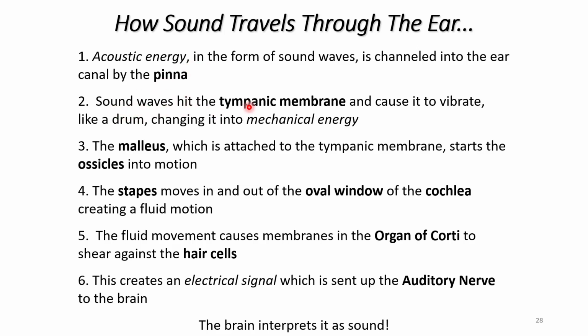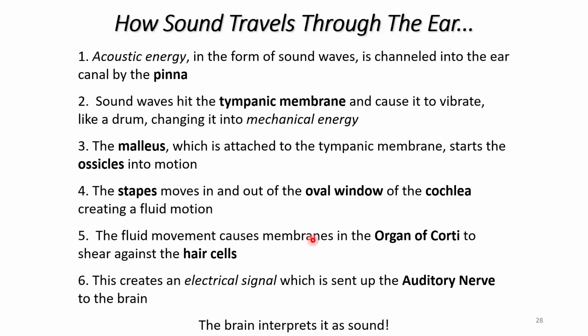Then sound waves hit the tympanic membrane after passing through the external auditory canal and cause it to vibrate like a drum, changing it into mechanical energy. Then the malleus, which is attached to the tympanic membrane, sets the ossicles into motion. Every ossicle gets into motion, and then the stapes moves in and out of the oval window of the cochlea, creating a fluid motion of the perilymph and then the endolymph.